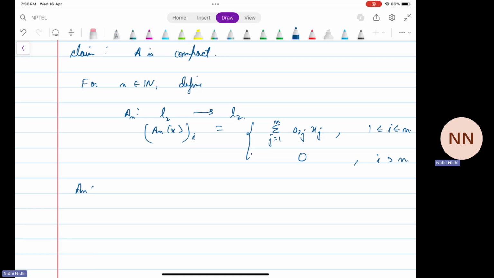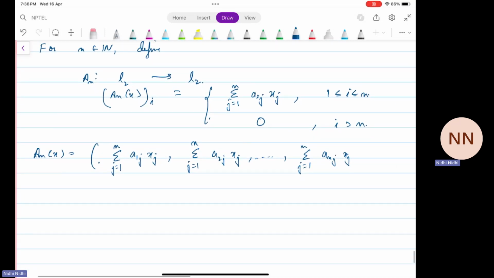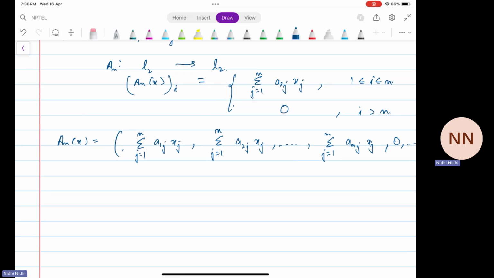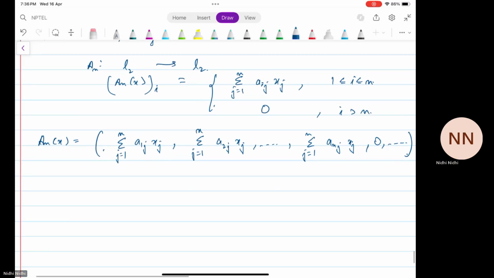So this An x is of the form summation j from 1 to n a1j xj, summation j from 1 to n a2j xj, so on up to the nth term, summation j equals 1 to n anj xj, and the rest of the terms are 0. Clearly, you can check that this is a bounded linear operator, and clearly it's a finite rank operator.